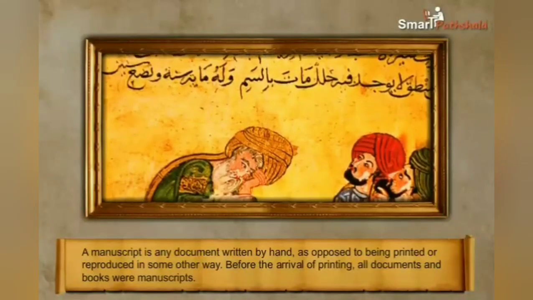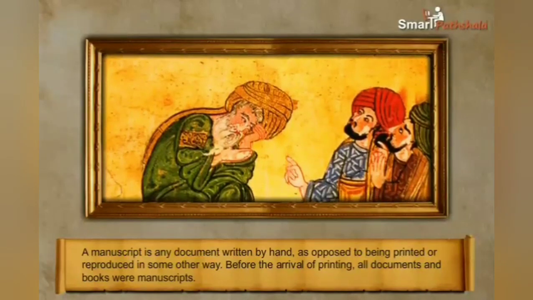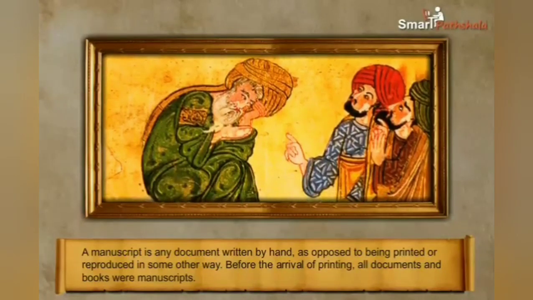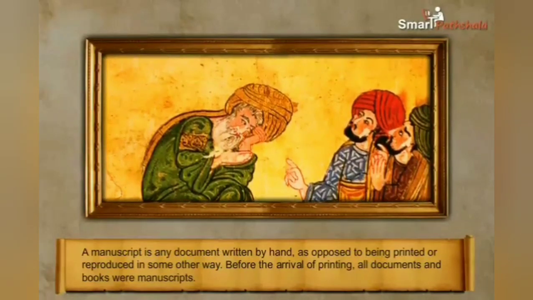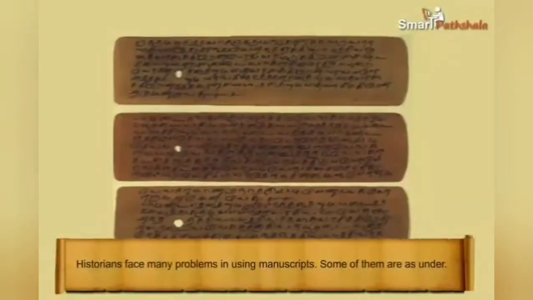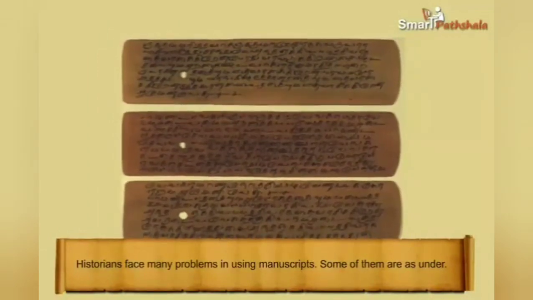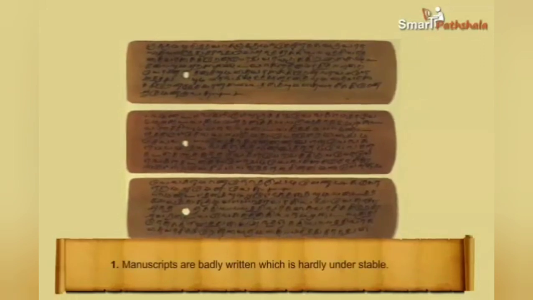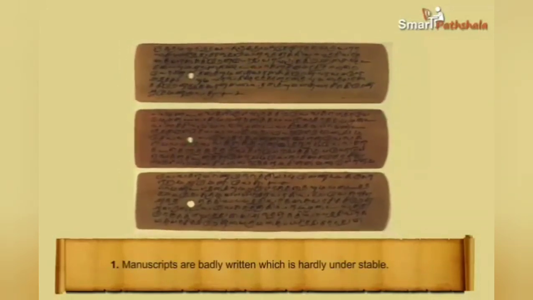Manuscripts. A manuscript is any document written by hand as opposed to being printed or reproduced in some other way. Before the arrival of printing, all documents and books were manuscripts. Historians face many problems in using manuscripts. Some of them are as under. 1. Manuscripts are badly written, which are hardly understandable. 2.